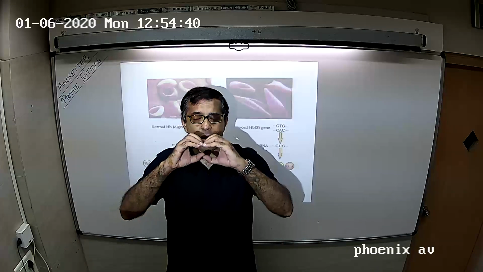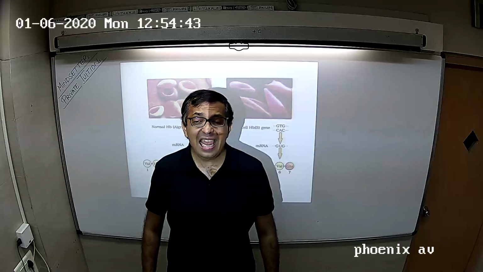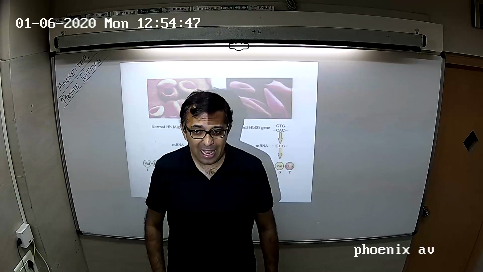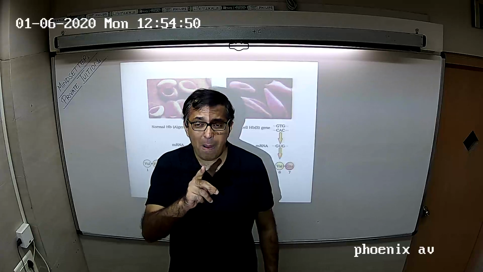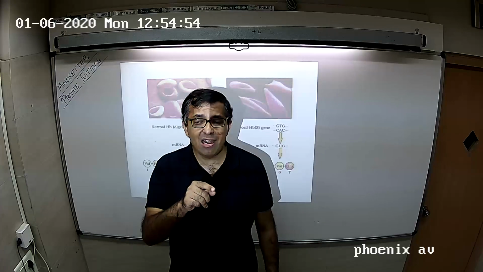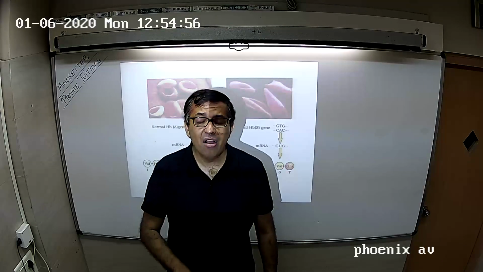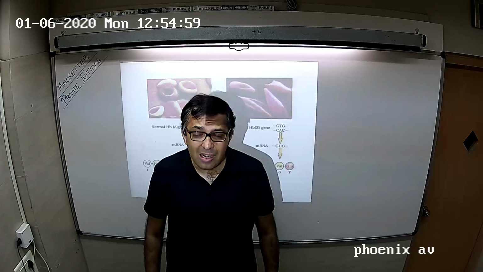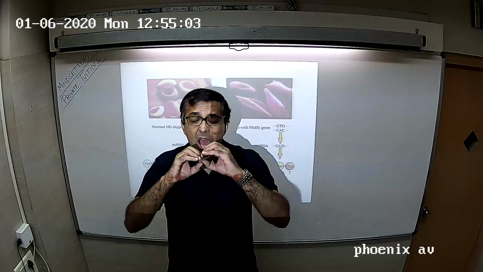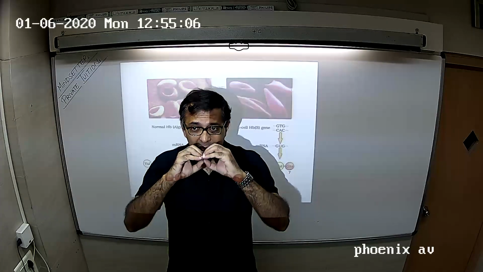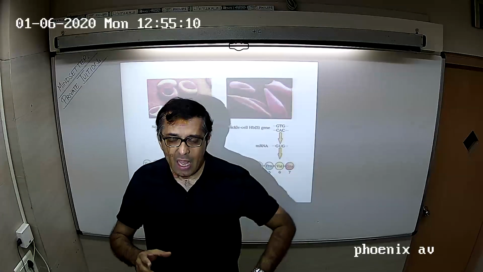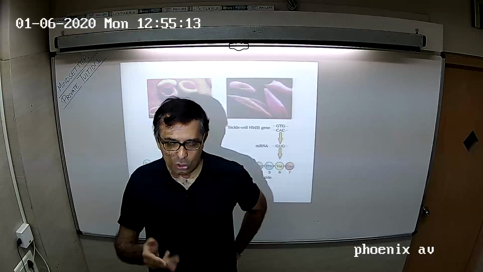Normally, one RBC has in it 300 million molecules of hemoglobin, and each hemoglobin binds with 4 oxygen molecules. So 300 million into 4, 1200 million oxygen molecules are there in one single RBC. Now the beta globin chain has become defective, its oxygen binding capacity is gone.